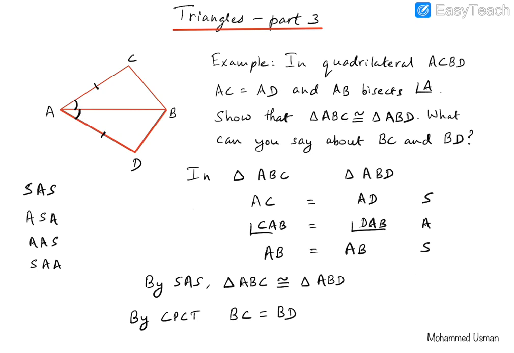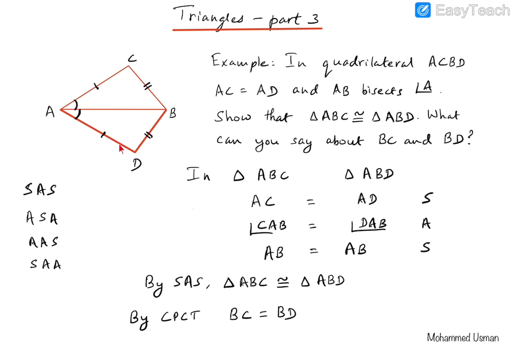So that's the second part of our question, which asks, what can you say about BC and BD? BC and BD are equal because they are corresponding parts of the congruent triangles. So by applying CPCT, we can say that they are equal. So that means BC is equal to BD. Okay, so we have marked this. So we have these two triangles.